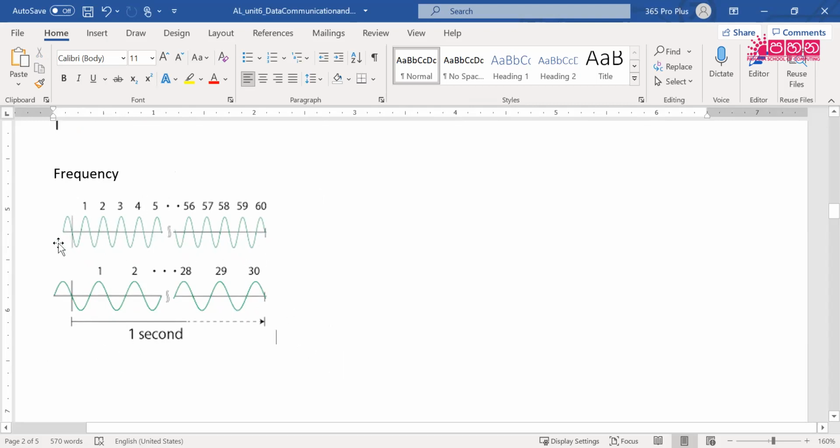In this waveform there are 60 waves, and in the second one we will have only 30 waves. So we can say the first one is a high frequency waveform. The second waveform is a low frequency, because the number of waves within 1 second is very limited here, right? So here low frequency, this is high frequency.